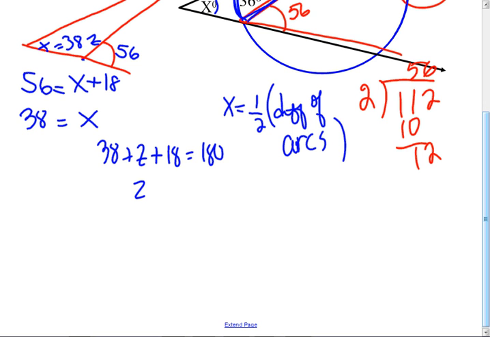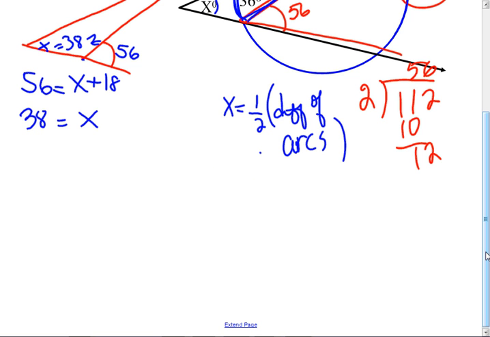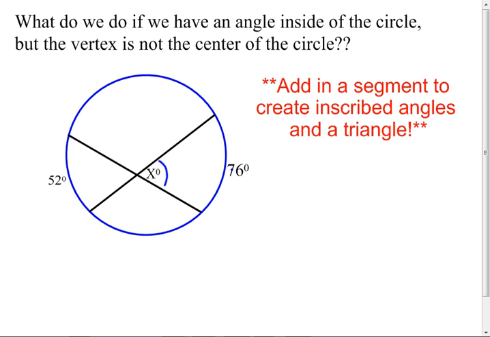And Z plus 56 equals 180. Those are equal. What happens to the Z's? Well, that wasn't going to prove it to you. I just remember that theorem. You don't have to. You can work it out the other way.